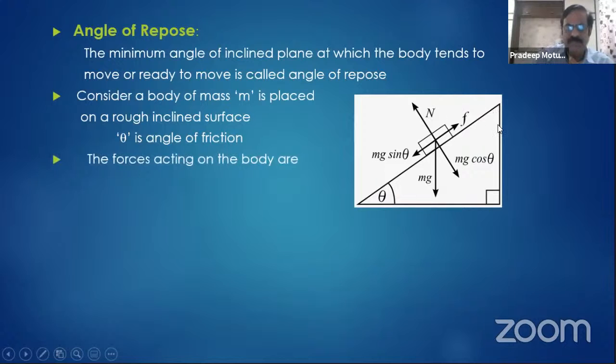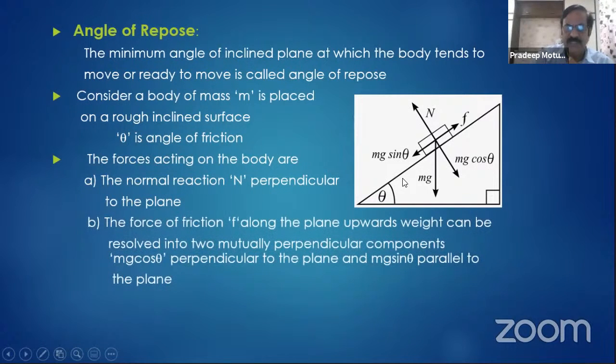In this position, the forces acting on the body are the normal reaction perpendicular to the plane, as you know, and the force of friction F along the plane upwards, while weight is acting downwards.